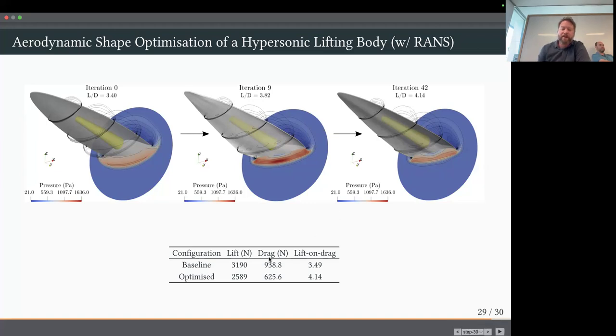But we can also break that down, and you can see that what the optimizer has done is actually reduced the lift quite a bit, but in a relative manner, it's reduced the drag even more by getting to that design that minimizes surface area and gets away from the flow that's only producing drag.